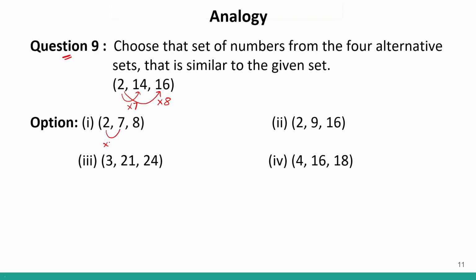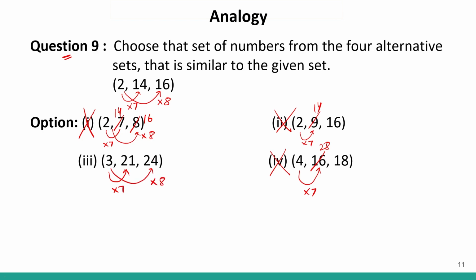2 into 7 should give me 14. Similarly, over here I will get 16 if it is 2 into 8. So this is not correct. Checking over here, 2 into 7 will give me 14. So not correct. 4 into 7 will give me how much? 28, not 16. So not correct. 3 into 7 will give me 21 and 3 into 8 will give me 24.